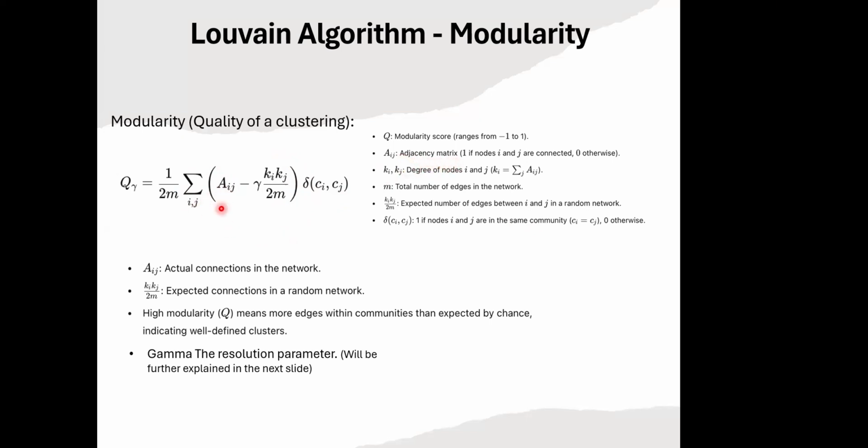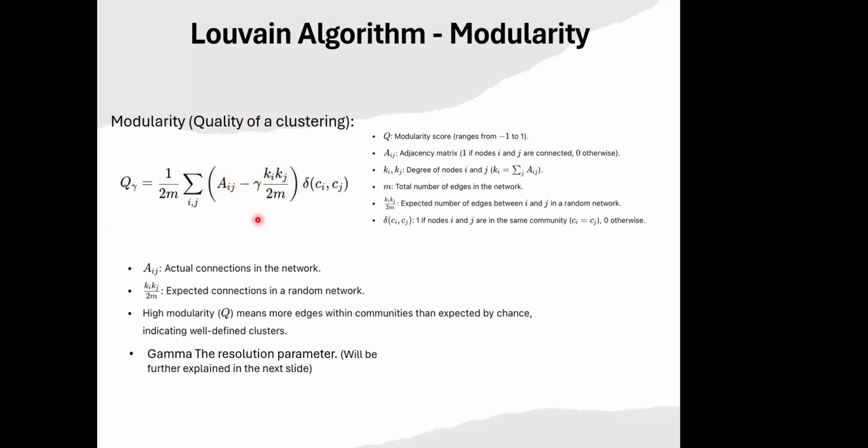So Aij is the weight of the edge in the actual graph, minus gamma, which I keep for later, times this term, which is the expectation of an edge in a random graph. This means we are comparing the expected weight in a random graph to what our graph actually has.